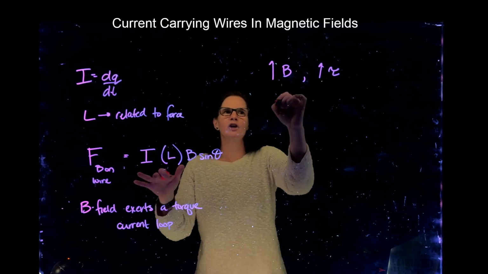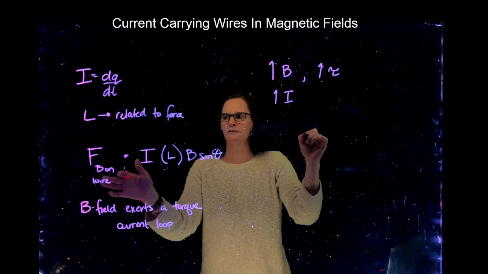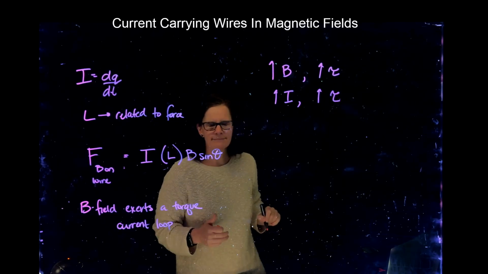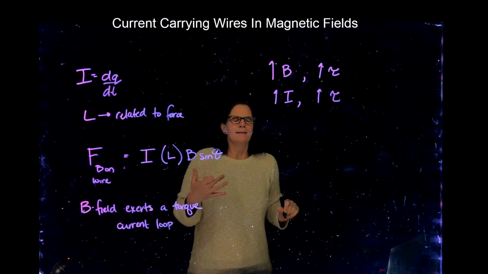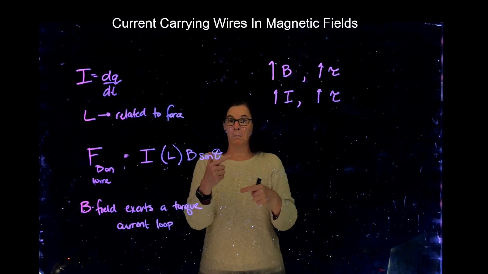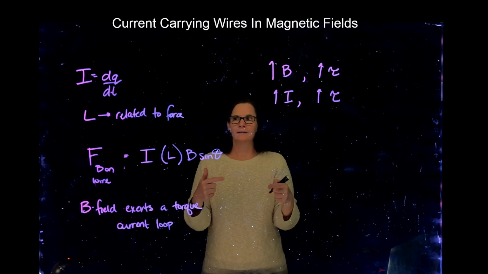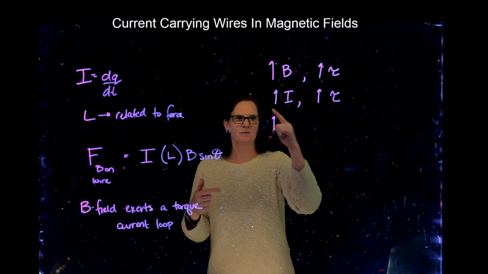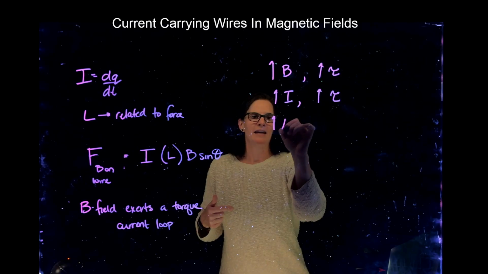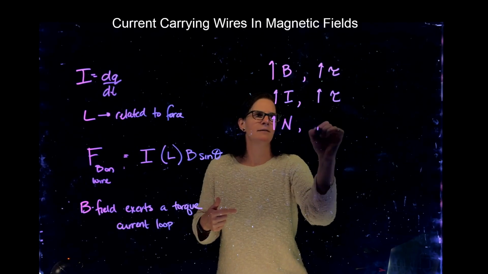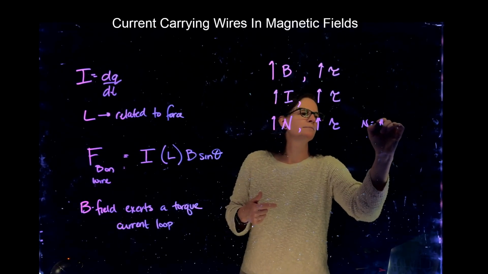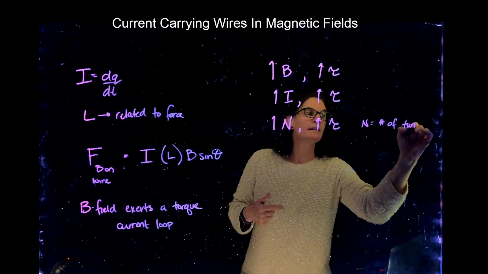If I increase the current, because we know that the force is related to the current, I should increase the torque. Now, what if I have a number of loops? Loop after loop after loop. Well, that's sort of like lots of currents, lots of wires. If I increase the number of turns, I increase the torque. So N is the number of turns, the number of loops.